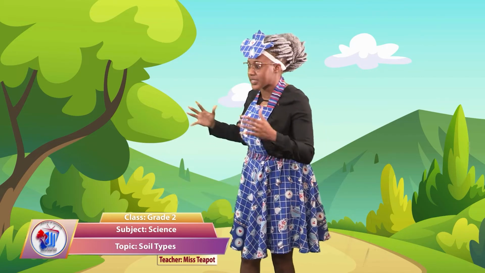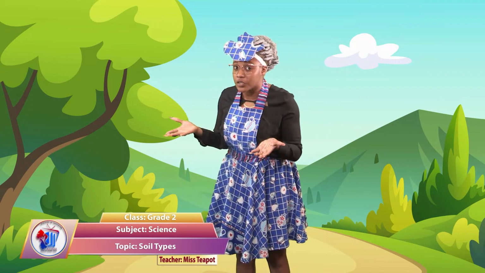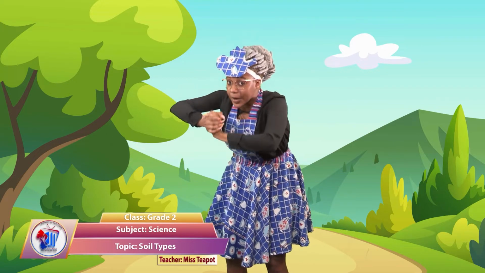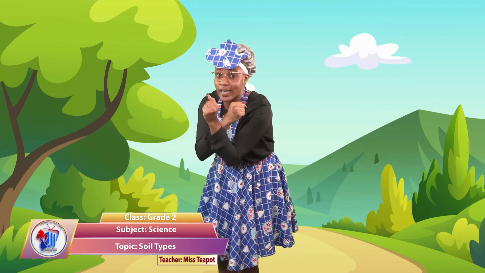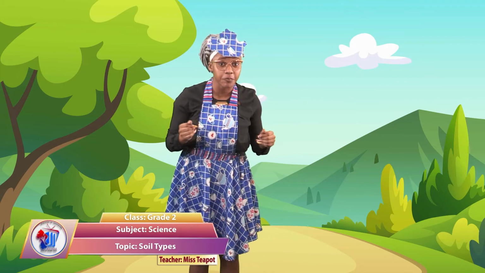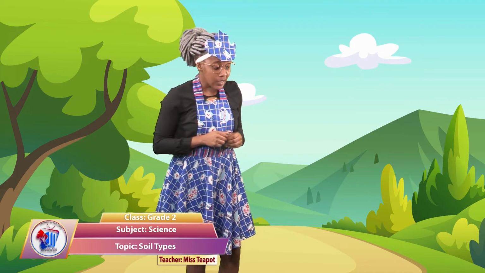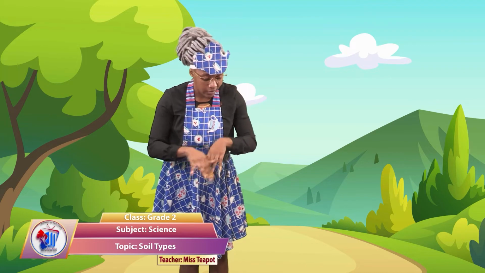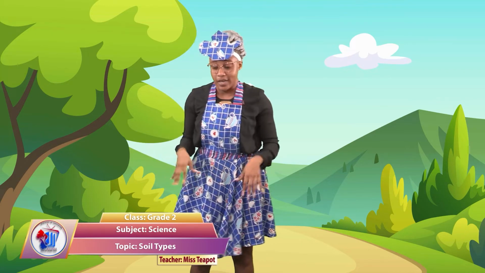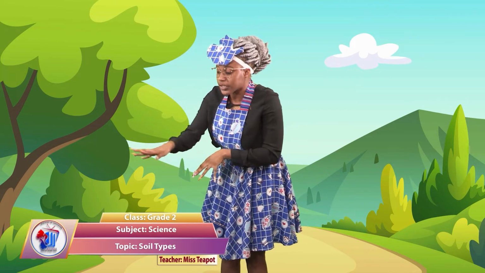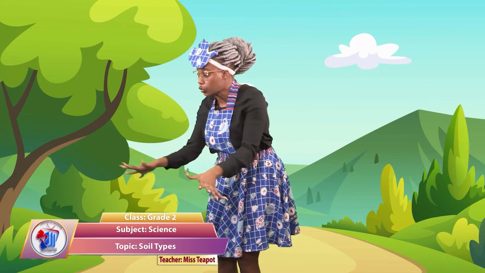So now there's the soil that is compact. When I say the word compact, it means that it is really tight. Nothing can go in there easily. What is wrong with this soil? It's compact, really tight. Do you know plants need air? Yes. In this soil, there is no space for that. The roots of the plant can't even move.